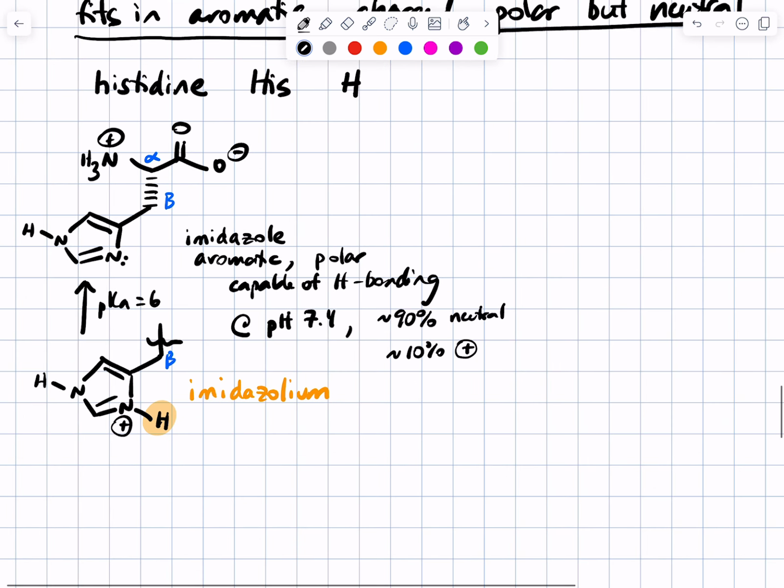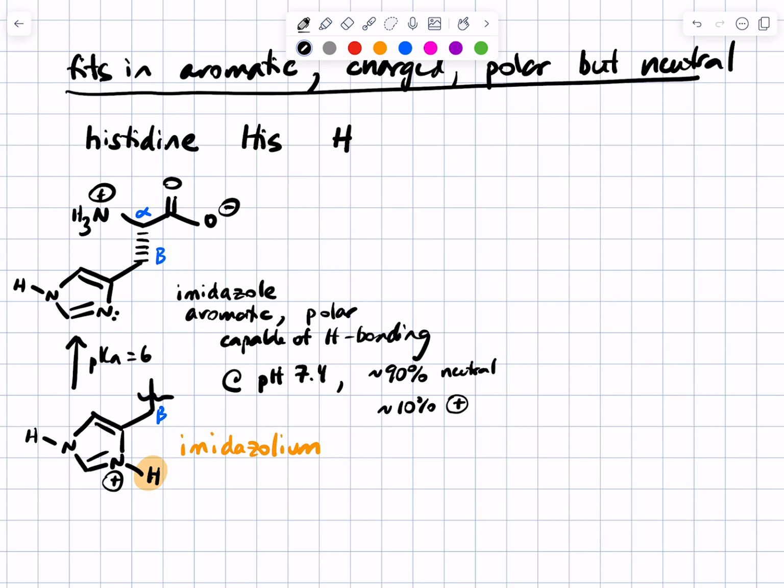So that's why it's weird for histidine. You can't put it neatly into, oh, it's always positively charged, or oh, it's always neutral. At physiological pH, it spans categories. You've already seen that matter in the catalytic triad, where histidine goes from neutral to being positively charged as it deprotonates another nearby group.